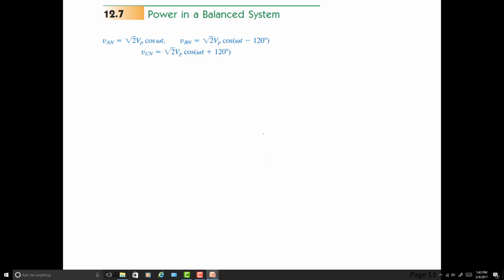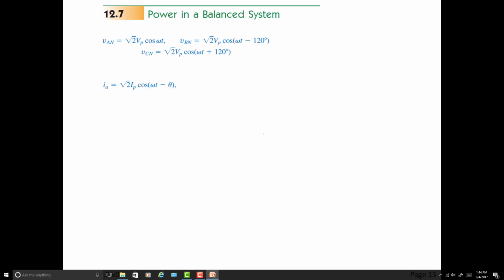Okay? And we're doing this in a Y connection. You can see that just by the subscripts on the names. Okay. Now, the current, we've done these calculations. We're just generalizing them now with a phi. We're saying the peak current value is the square root of 2 times the RMS value.